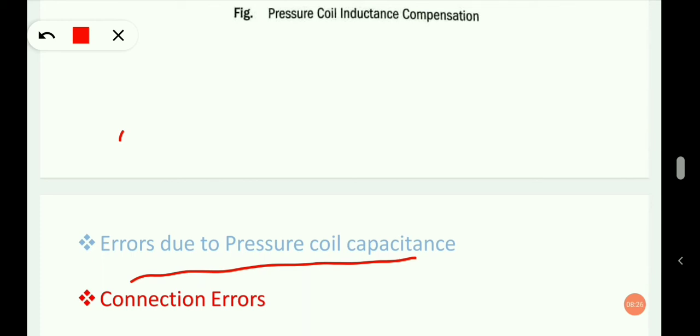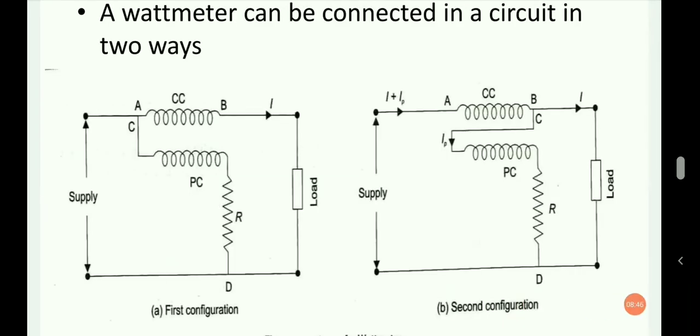Okay, next error is connection error. Two configurations of a wattmeter we have seen. Here we can see two configurations of wattmeter. The wattmeter reading includes the power loss in the coil, which is connected on the load side.